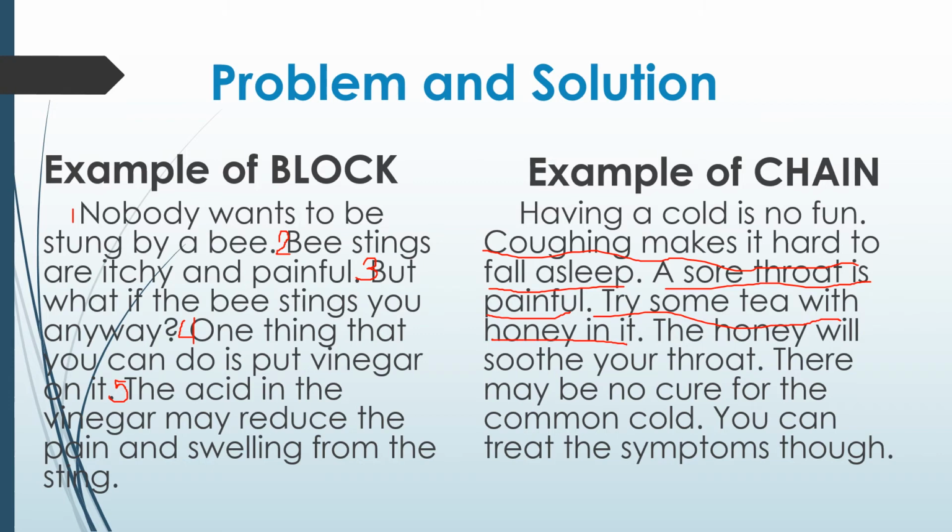So the second sentence and the third sentence are the problems, while the fourth statement is the solution. It further explains that the honey will soothe your throat. That is in the fifth sentence.